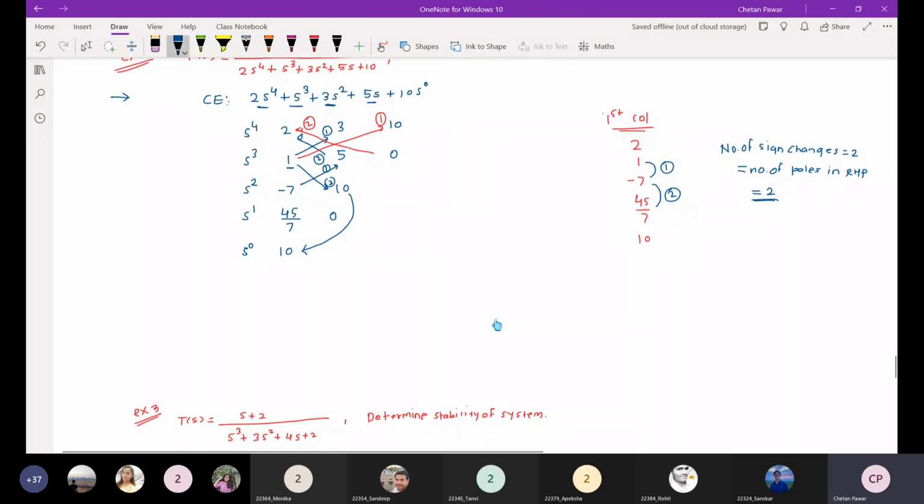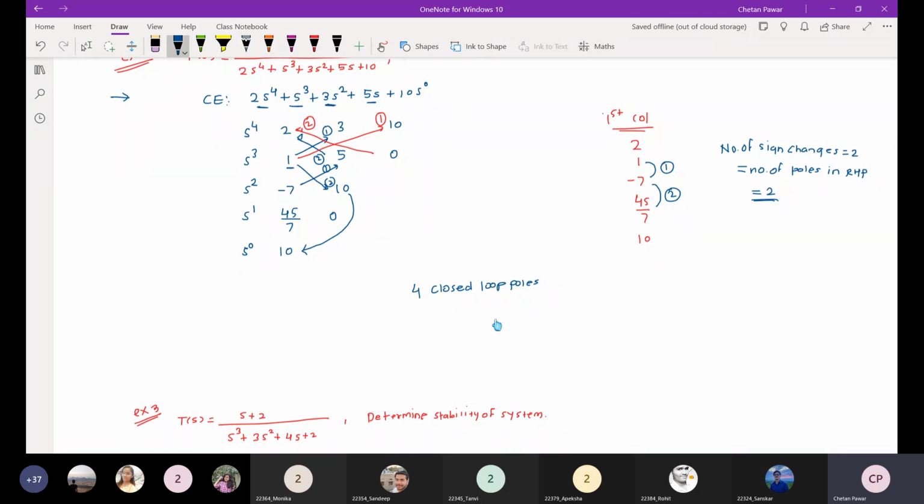Definitely 4 closed loop poles are there, okay? There are 4 closed loop poles.